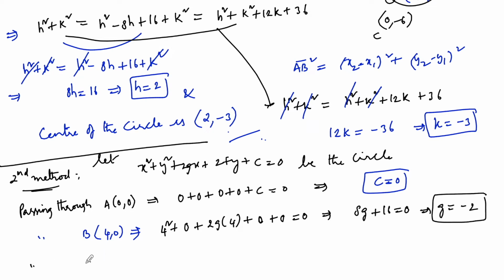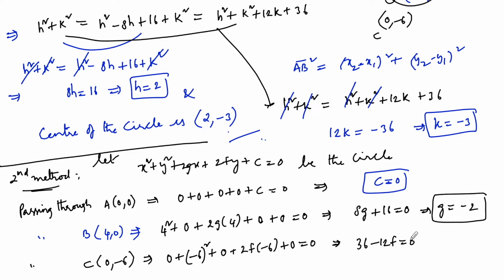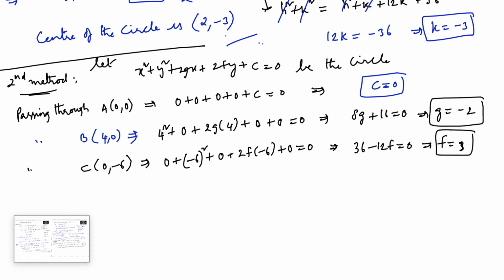And now passing through the point C (0, minus 6), which implies that 0 plus minus 6 whole square plus 2 into g into 0 plus 2 into f into minus 6 plus 0 equals to 0, since c is 0, which implies that 36 minus 12f is equal to 0, or we can write f is equal to 3. So we got g value is minus 2 and f value is 3.